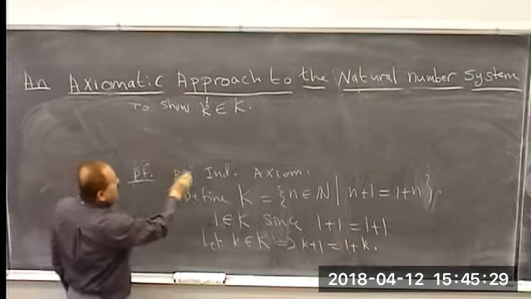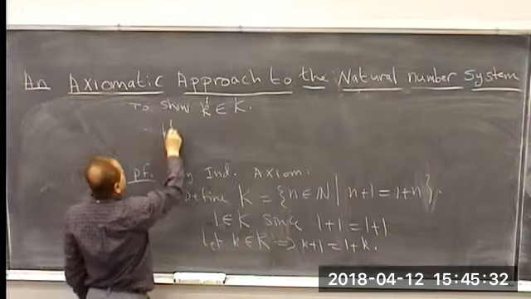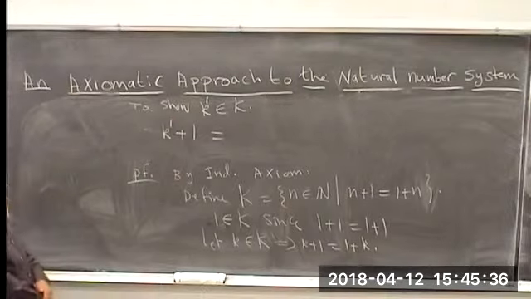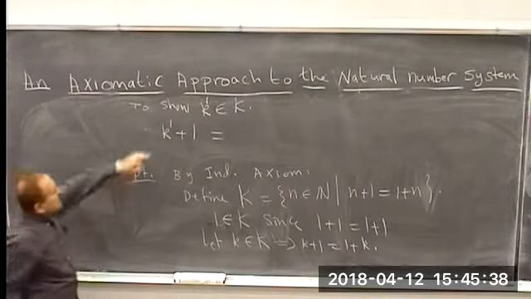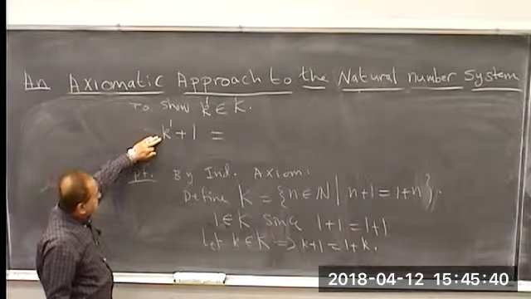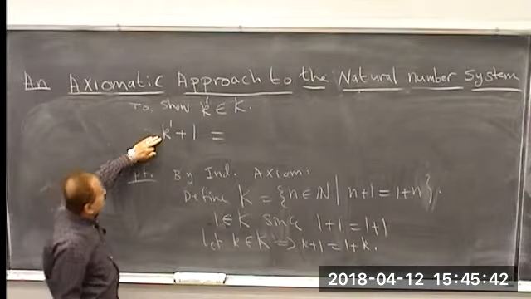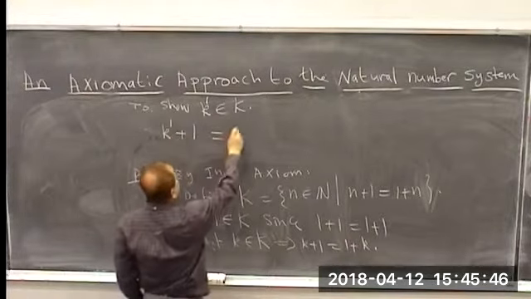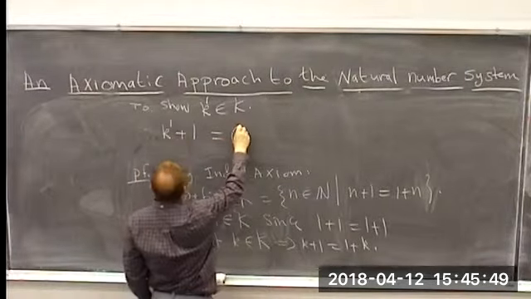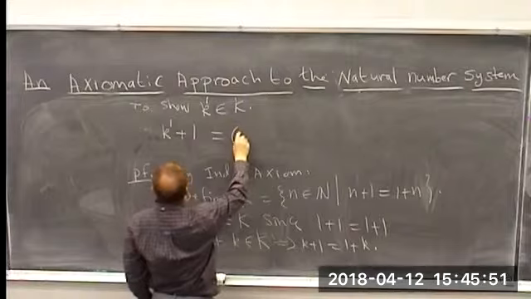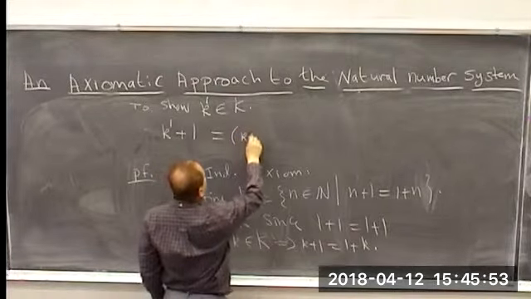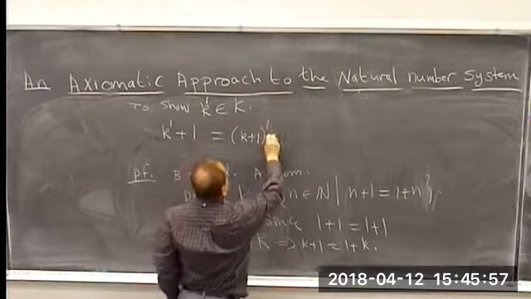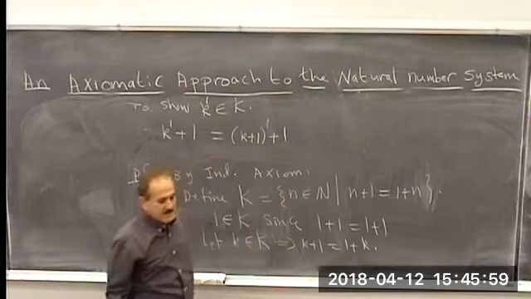It means I want to look at k prime plus 1. And I want to see that I can commute these. Well, the k prime, as you know, is going to be k plus 1, plus 1, like this. Okay?